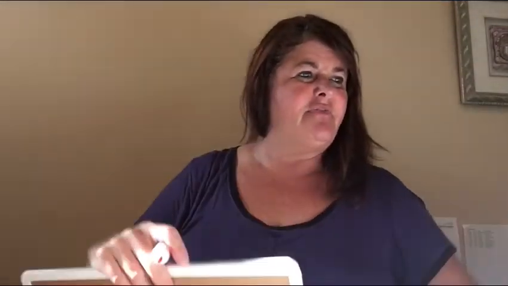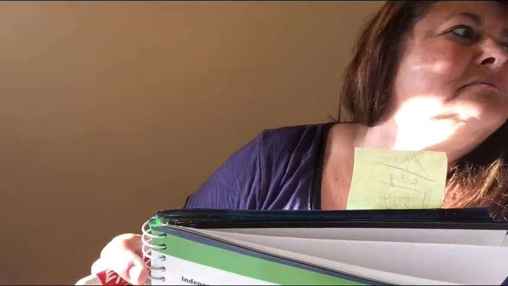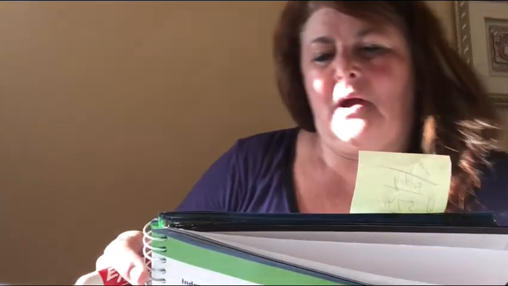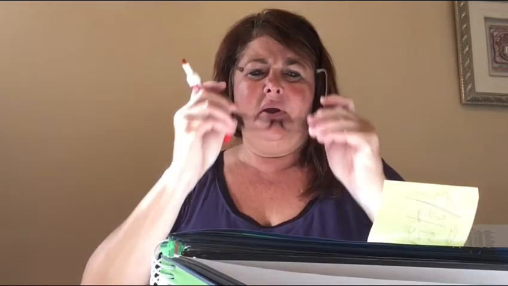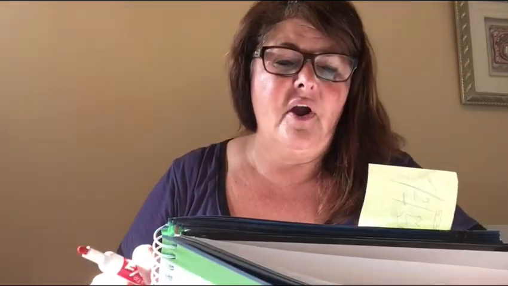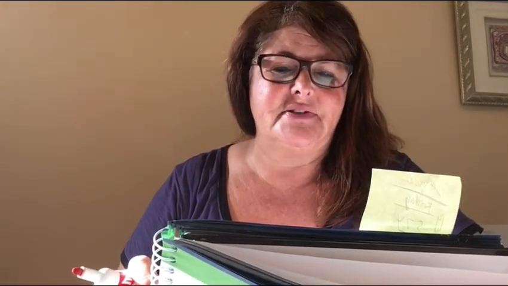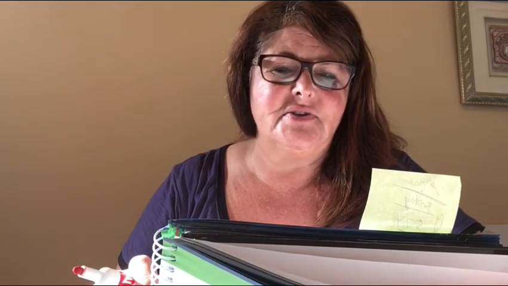And turn to page 574. Page 574 says, a cube is a solid figure with 6 equal faces, 12 edges, and 8 vertices.